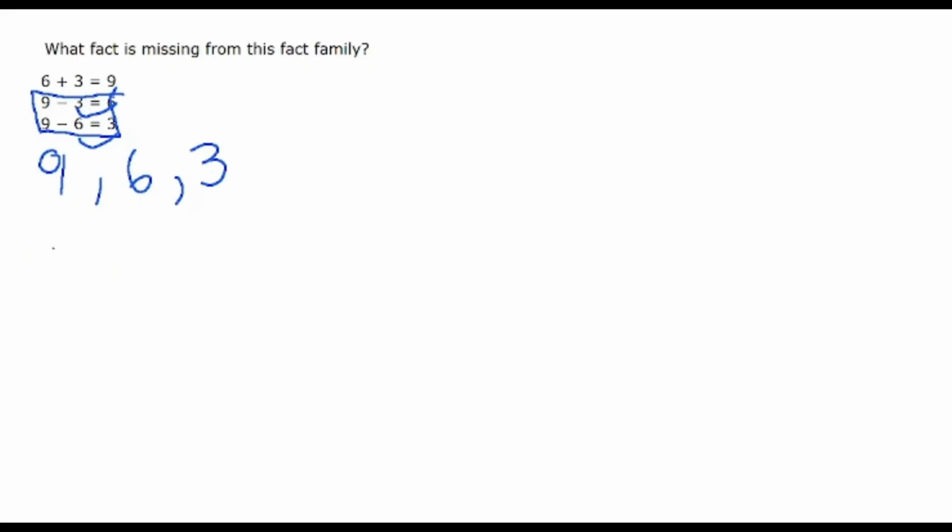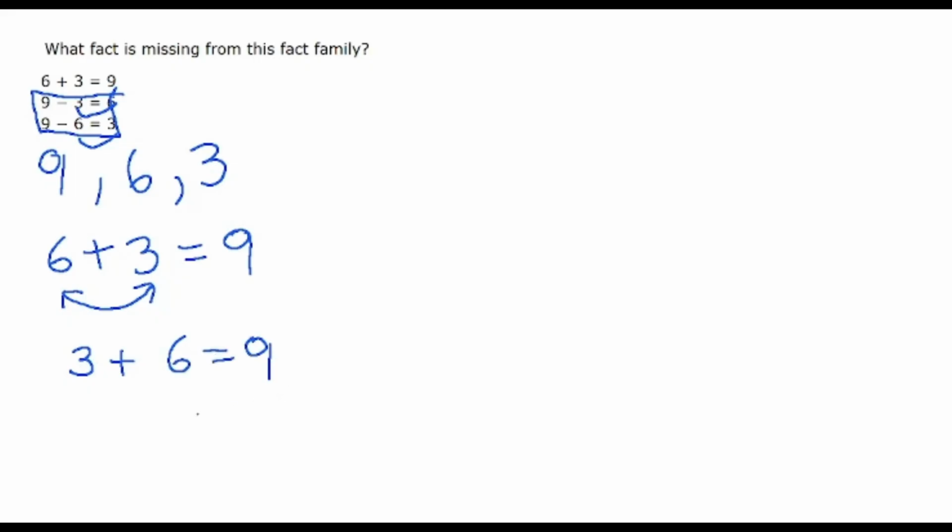So in my previous video, we know that the related addition fact to 6 plus 3 equals 9 is getting these two to switch places. So 3 plus 6 equals 9 is the related addition fact, and it is the missing addition sentence from this fact family.